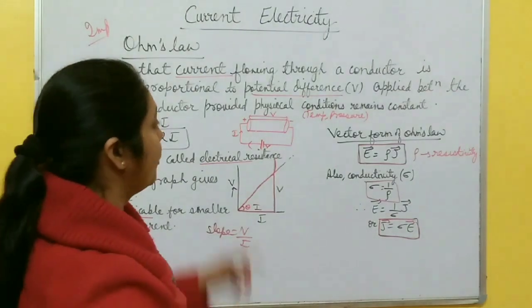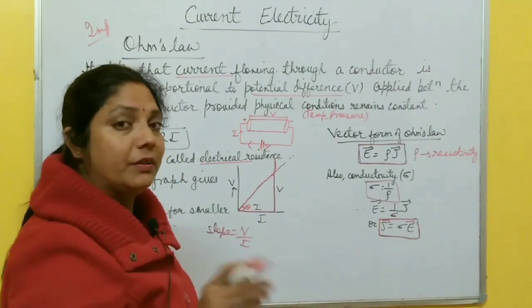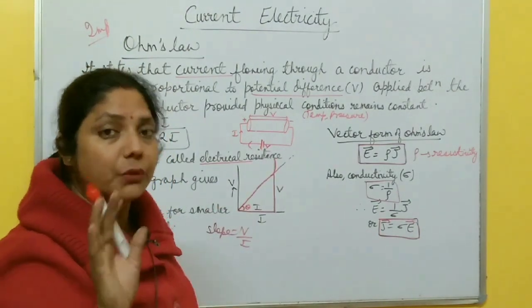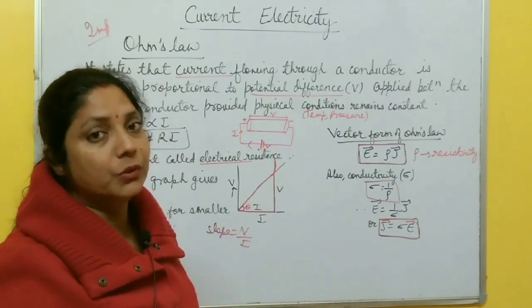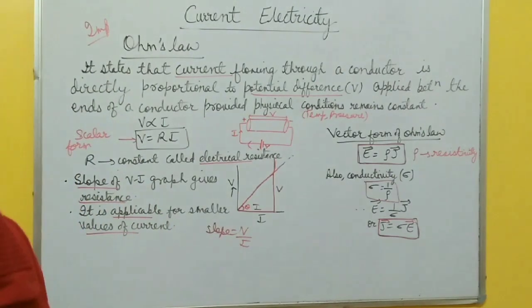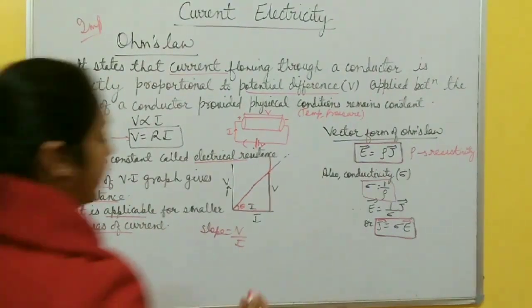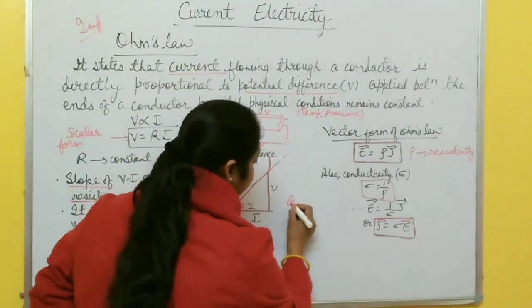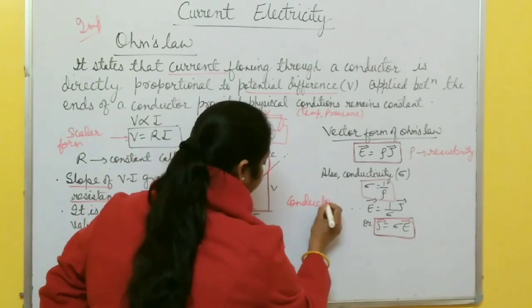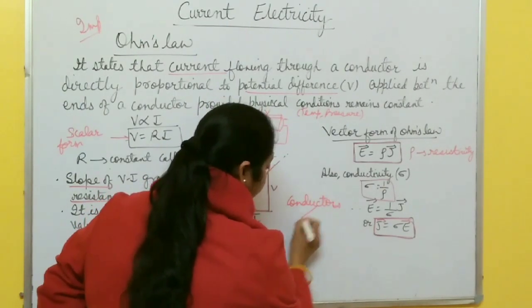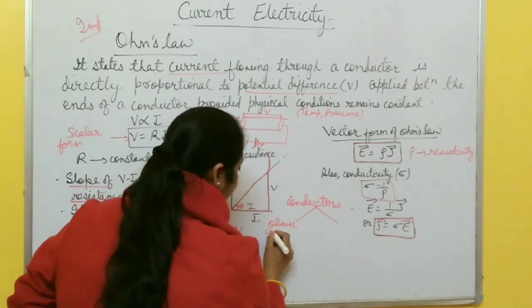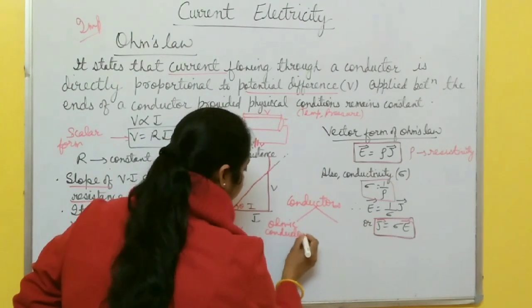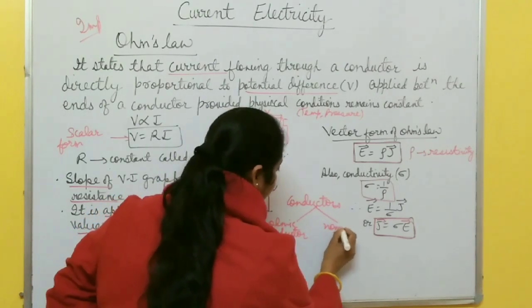On the basis of Ohm's law, we can divide the conductors into two types: those which follow Ohm's law, and those which do not follow Ohm's law. So conductors are of two types. One is ohmic conductor, and another one is non-ohmic conductor.